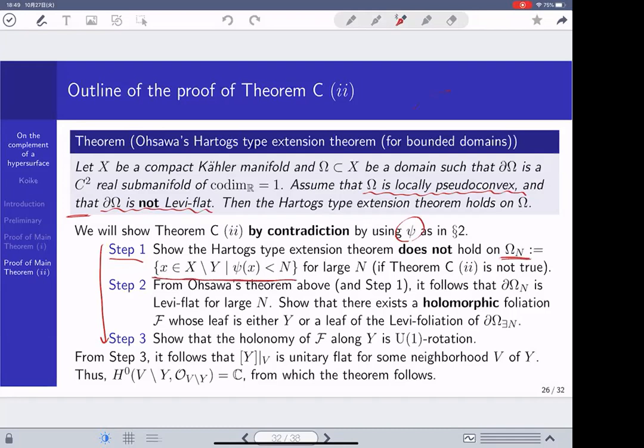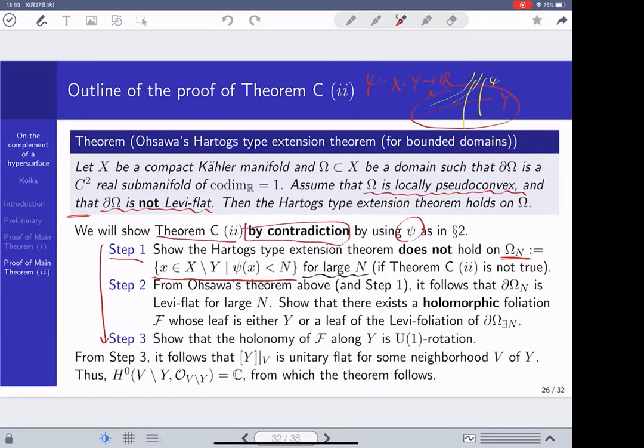Actually, psi is a function defined on X set minus Y, and by construction, or by the condition of logarithmic growth, it goes to infinity as it approaches Y. So sublevel sets are, in some sense, the outside of Y. It is a bit difficult to explain, but I mean, if n is large enough, then Omega n is the complement of a small neighborhood of Y. Actually, we will show this theorem by contradiction.